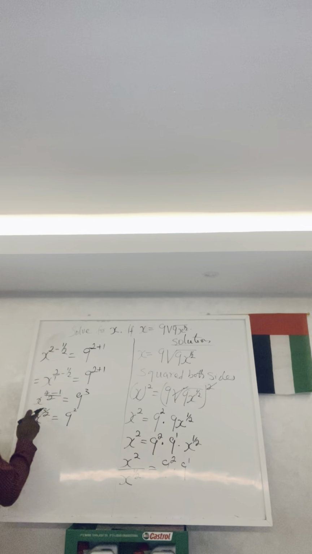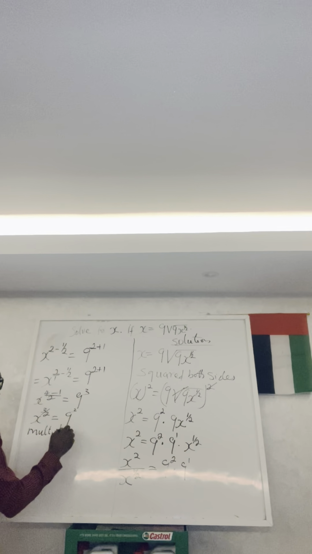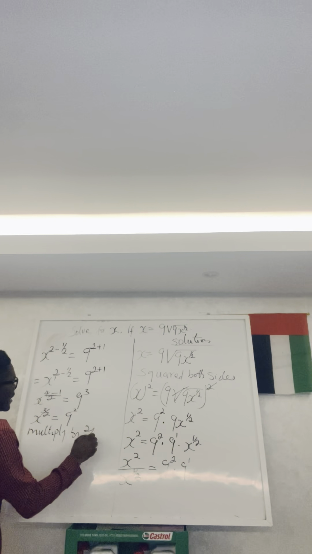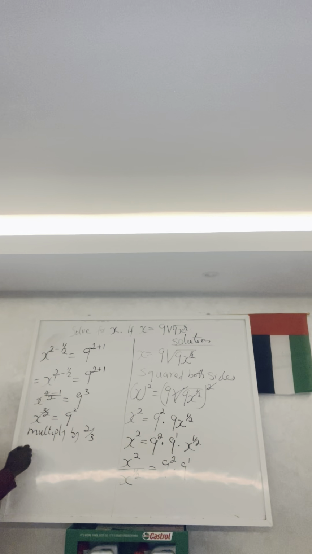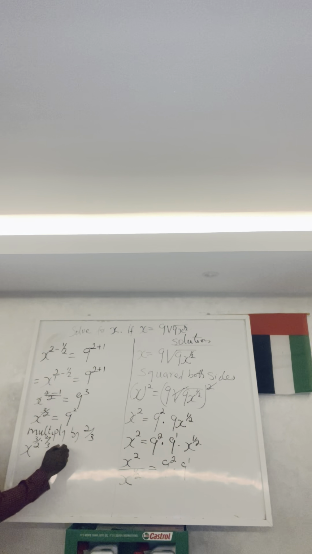Here, for us to eliminate 3 over 2, we need to multiply this 3 over 2 by 2 over 3. So x raised to the power of 3 over 2 times 2 over 3 equals 9 raised to the power of 3 times 2 over 3.